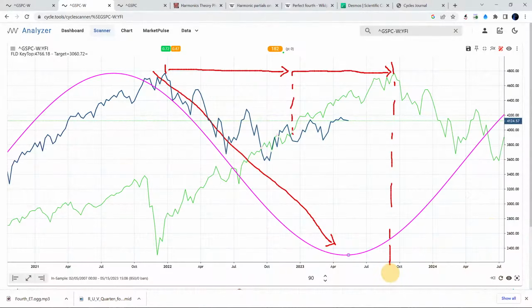So now, once we cross the point, we can use this information. We know how long it took to arrive at that point, and we could assume it will take the same amount of time to complete the downward cycle, based on the behavior of the past cyclic behavior. So the timing information now helps us to derive a better timing projection. So instead of having this theoretical bottoming here, we know that we are before that bottoming period.